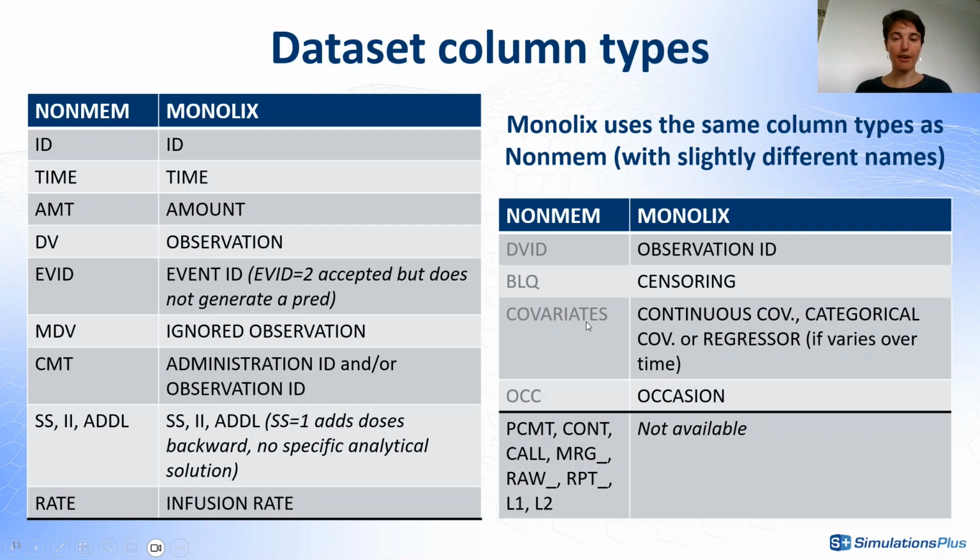If you have covariates, in Monolix you need to tag them as either continuous or categorical covariates, or possibly a regressor if they vary over time. And if you have an occasion column that distinguishes several periods in time, you can tag it as occasion. And then there are a couple of columns that are very specific to Nonmem that have no corresponding type in Monolix because it's not needed.